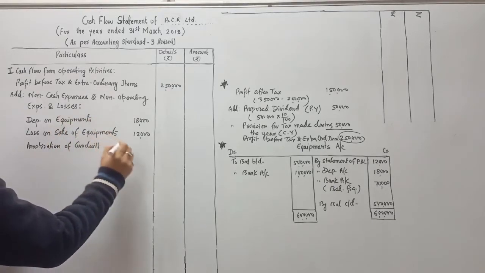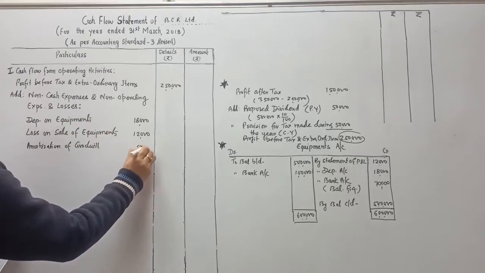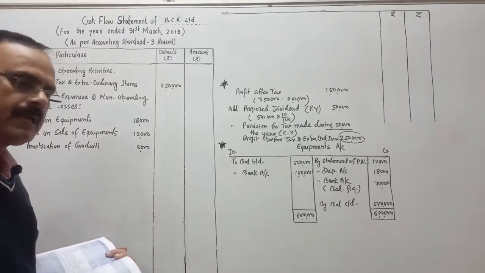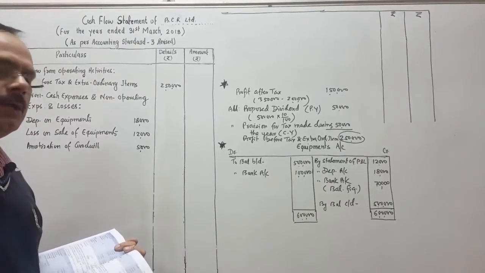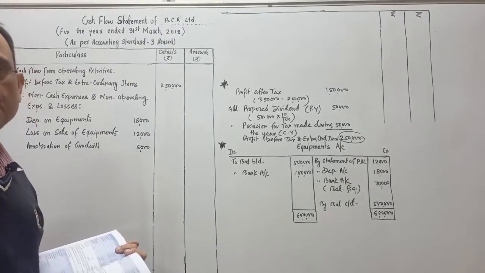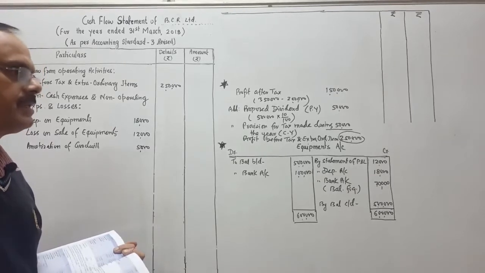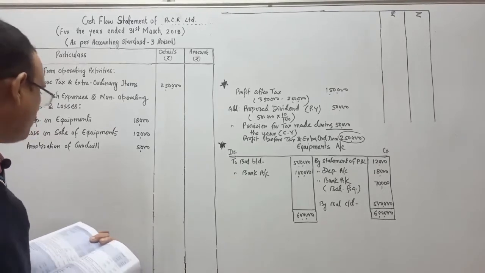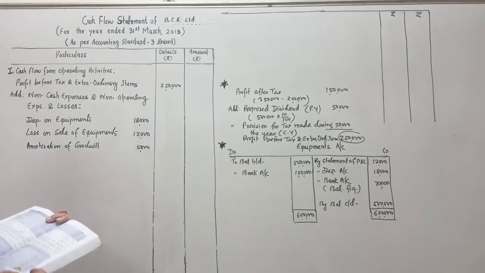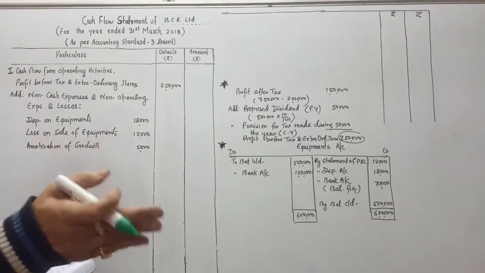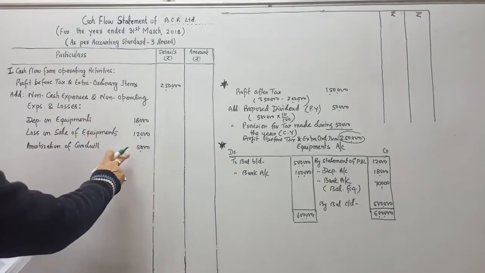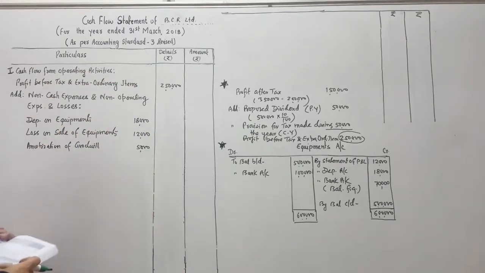So goodwill is written off by 5,000, amortized by 5,000. When intangible assets are written off or decrease, we use the word amortization. From 1 lakh to 95,000, it is reduced by 5,000. This indicates that the goodwill is written off.